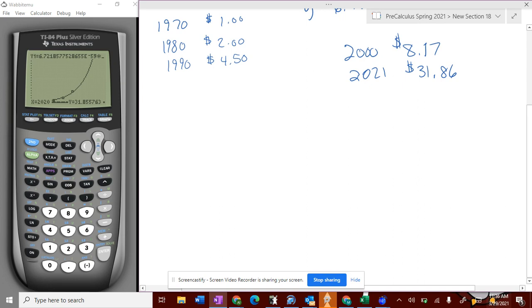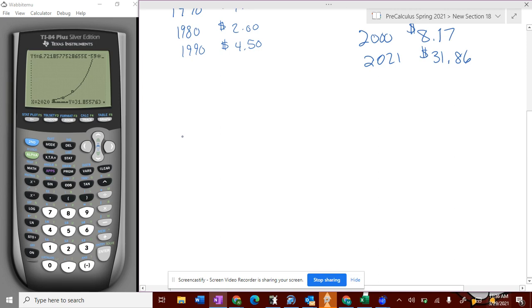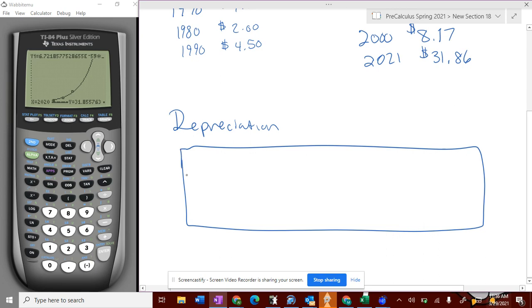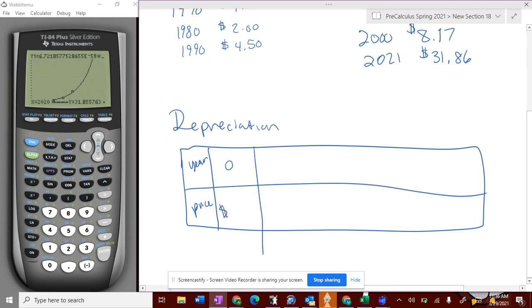So let's say that a car is depreciating. So when you buy it brand new, when it's 0 years old, it's $42,000.